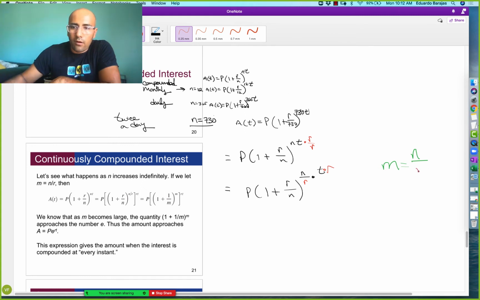Therefore, if we flip it around, that must mean that 1 over m is then equal to r over n. So now we can do this replacement: r over n right here is equal to 1 over m.